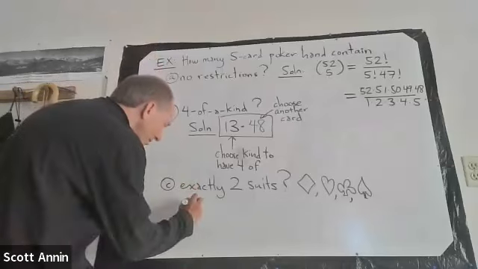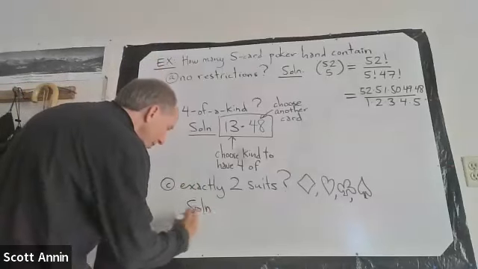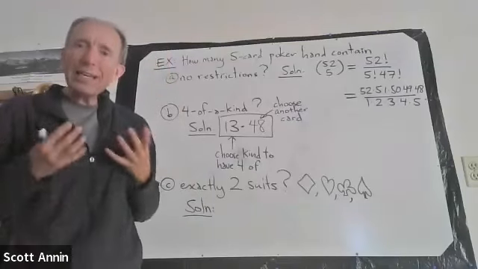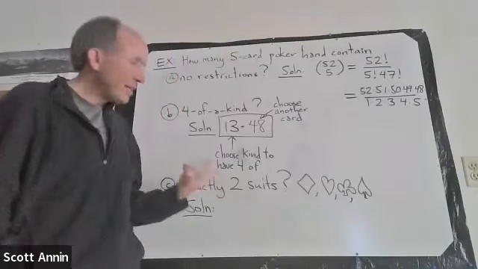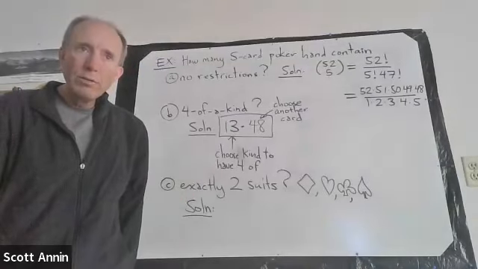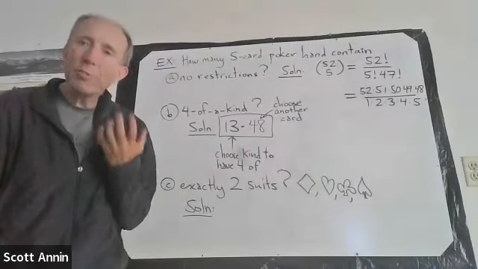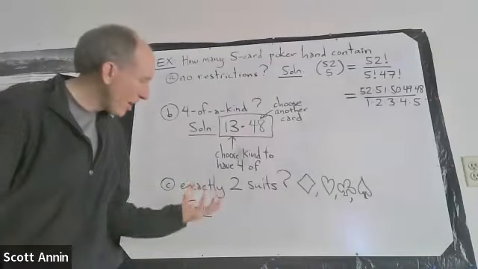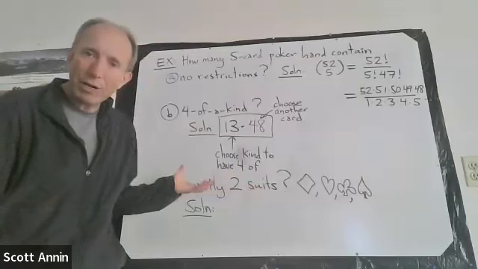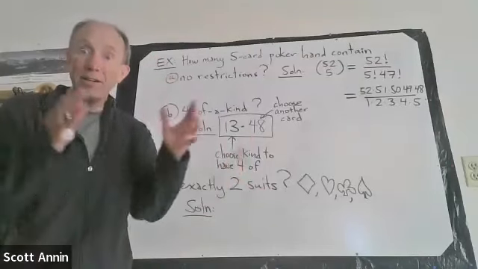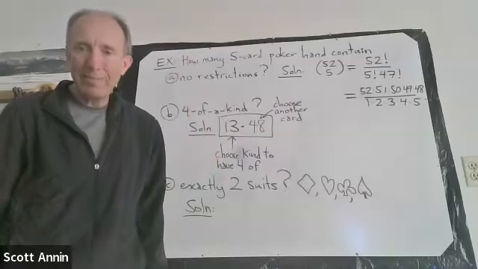Again, feel free to pause the video for a second and think about it for yourself. What are the tasks that you would have to do to put together a hand that satisfies this requirement? Underlying everything here is the multiplication principle, right? We're breaking down the process of building my 5-card poker hand into a bunch of subtasks that together comprise the full task.